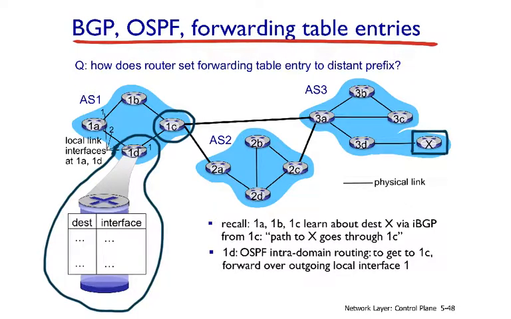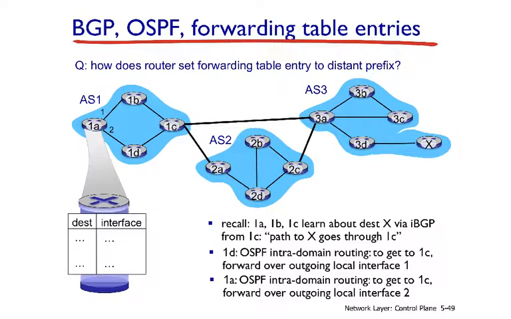In order to reach X, I have to go through first my gateway node, which is 1C, and I will have to use this outgoing port. So the destination is X, the final destination, and the interface is port 1, because I'm going to go to the next hop by means of outgoing interface number 1.